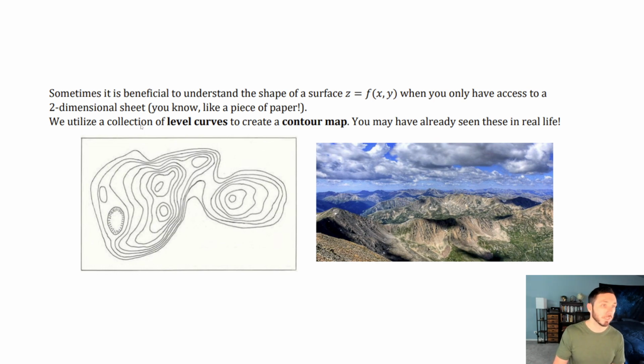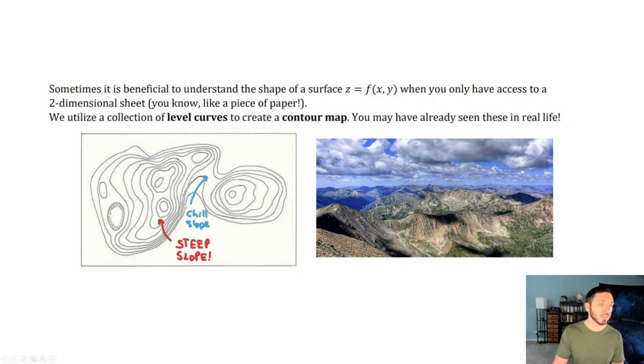So we utilize what's called a collection of level curves to create a contour map, where you can have two-dimensional flat imagery of something that has much depth to it. Something to study along it is that when your level curves are closer together, that creates a steeper slope. So for example, maybe each of these level curves represents an increase of, I don't know, 10 feet or something like that.